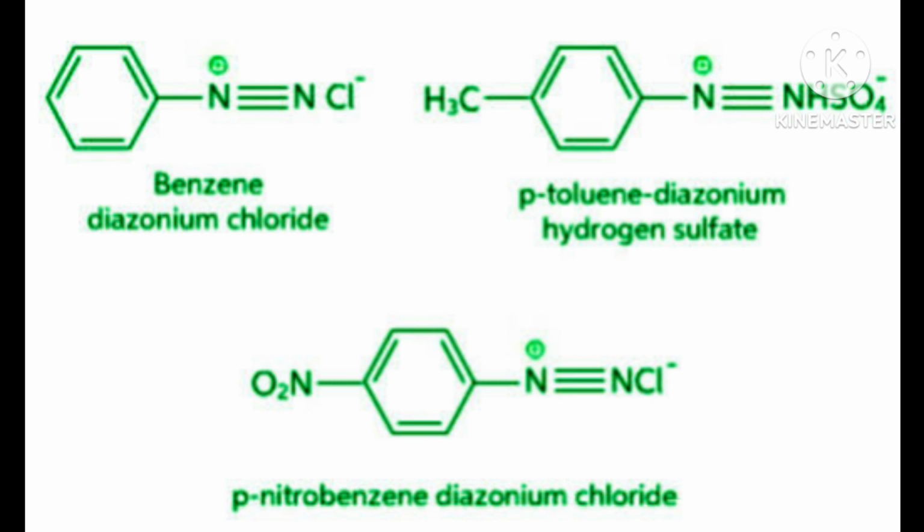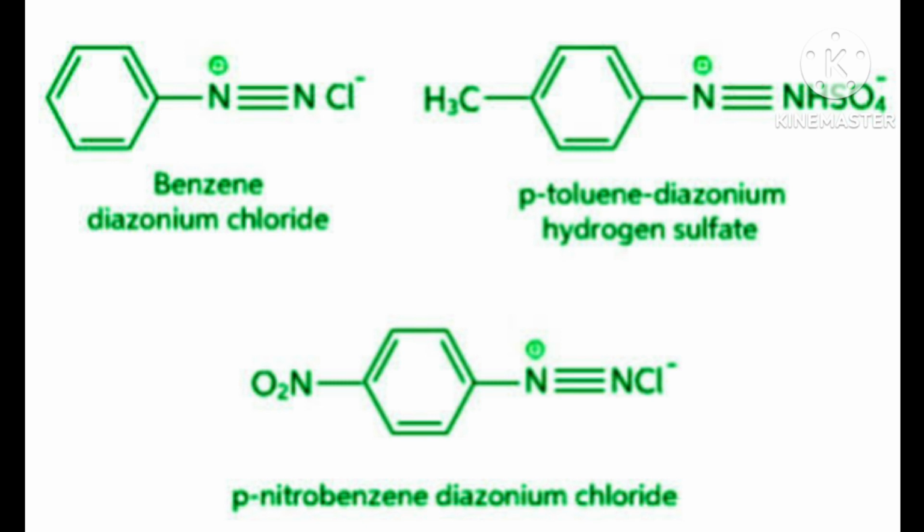Don't forget, this N2+ group is called the diazonium group. For example, C6H5N2Cl, where N2 has a positive charge and Cl is negative, is named benzene diazonium chloride.